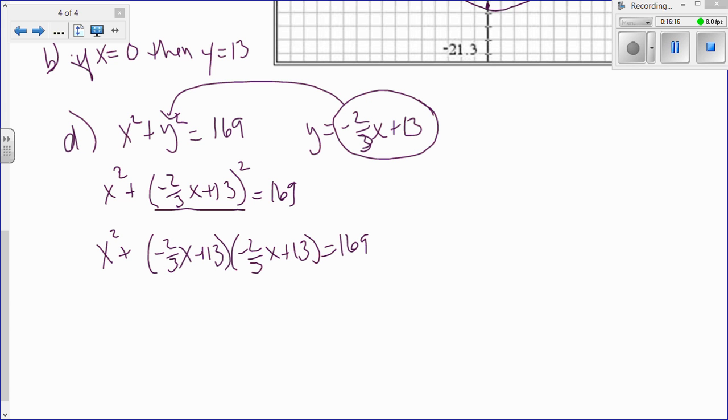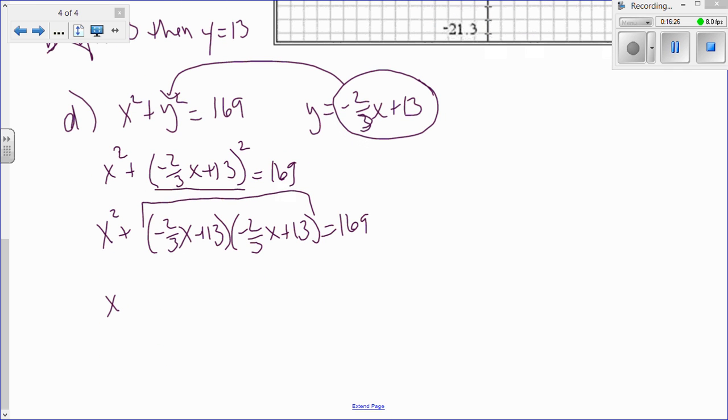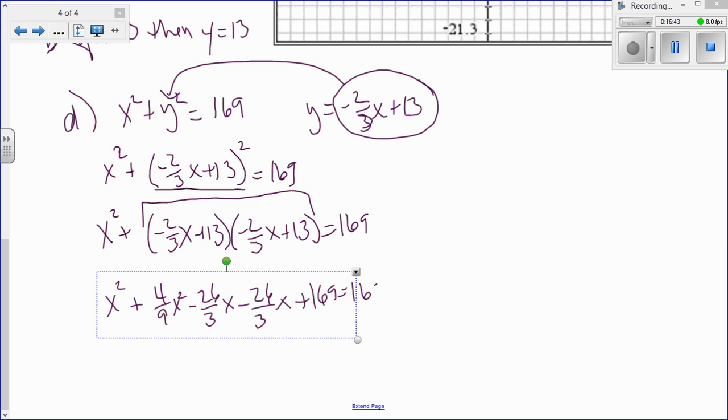So I actually have to multiply over here first. x squared plus 4/9 x squared minus 26/3 x minus another 26/3 x plus 169 equals 169.